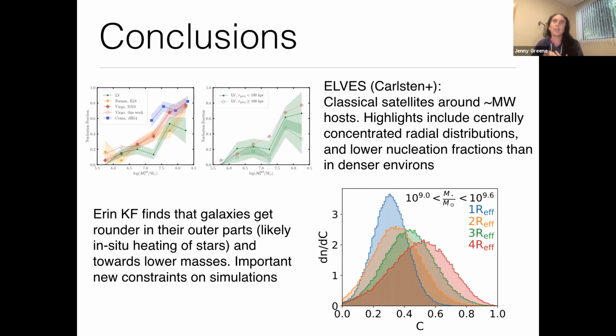And we find lower nucleation fractions in the local volume than in denser environments. Aaron has shown very clearly with large statistics that dwarf galaxies are rounder in their outer parts. And we think that those round stellar halos are built from in situ stars being dynamically heated.